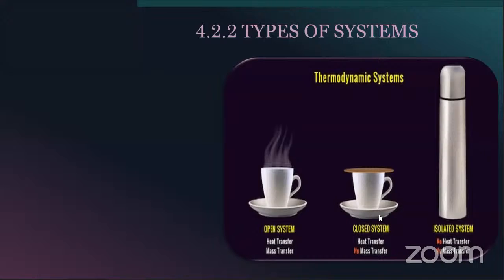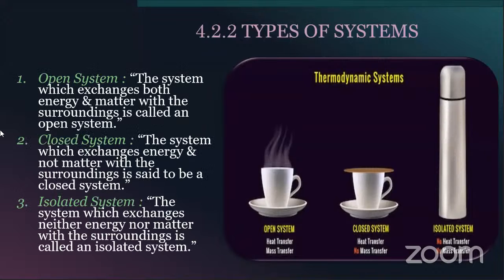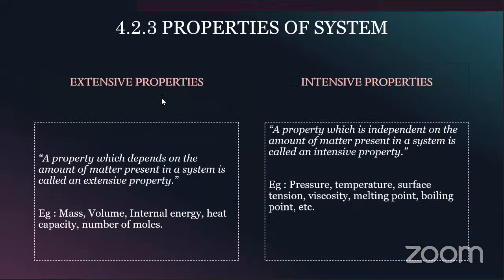In a closed system, only heat can transfer, mass cannot transfer. And in an isolated system, there is no heat transfer and no mass transfer. That is all you need to remember about the three types of systems.